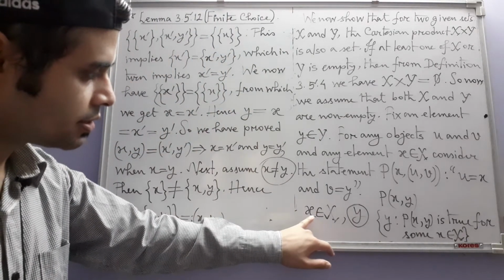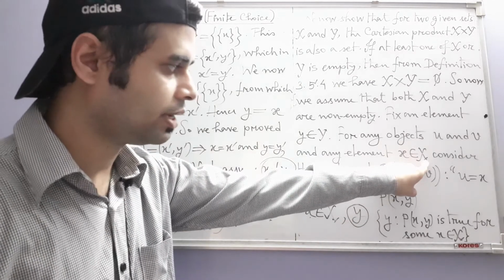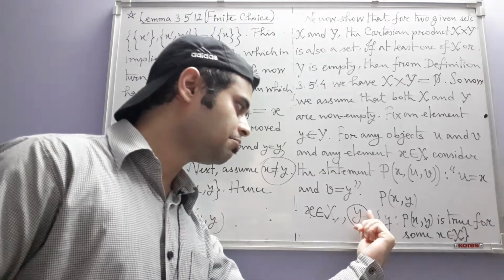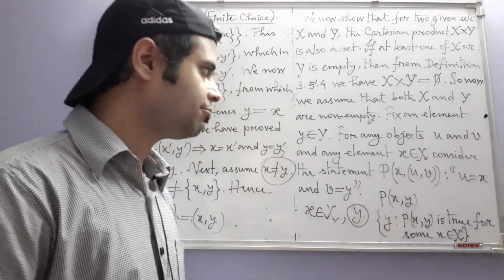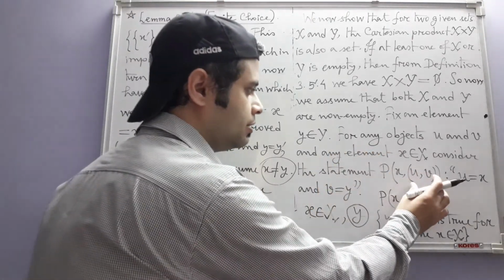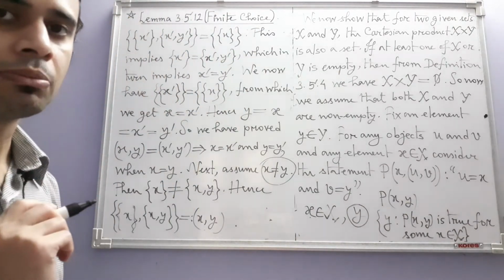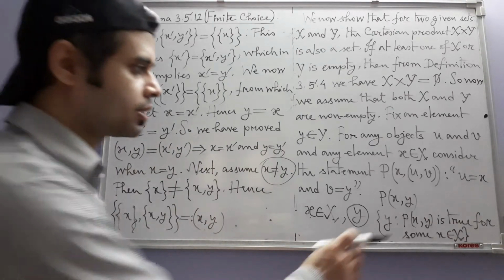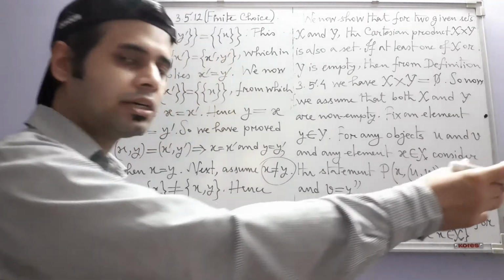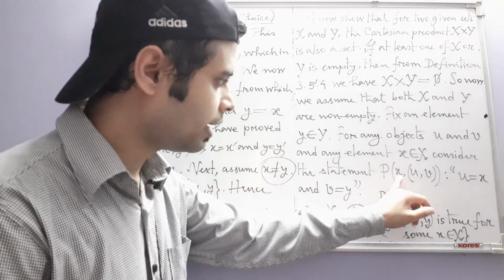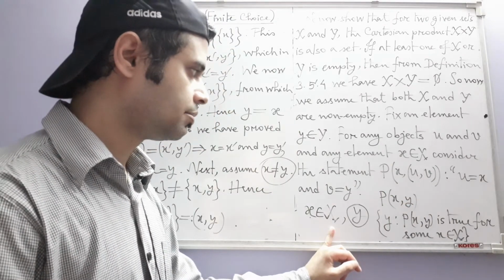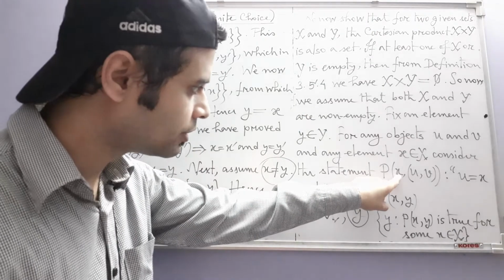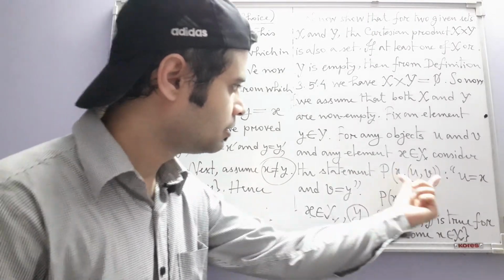In place of this set, we still have X, and in place of its element x, we have x. Now in place of y, we have an object that looks like this, an ordered pair (u, v), where u and v themselves are some objects. So this is an object coming from somewhere in the universe, and x is coming from this set, and our statement is this, which depends on this x and this object.